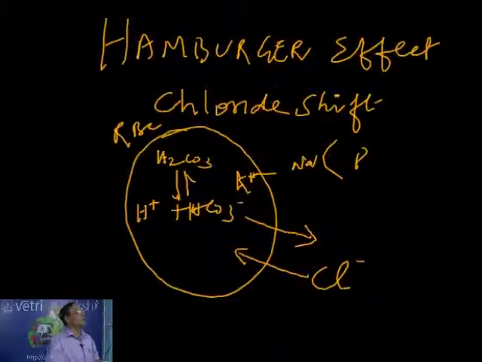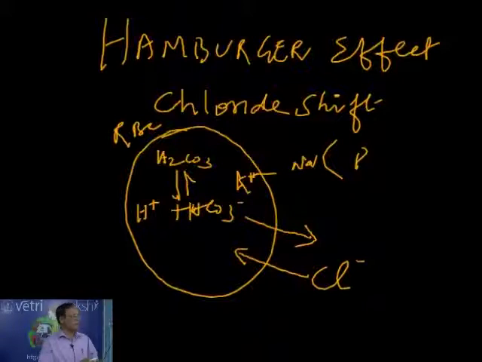We have to remember one thing: the chloride content of the RBC increases when the blood has become deoxygenated. Deoxygenated blood contains more carbon dioxide, which is why more carbonic acid is formed inside the RBC as well as outside.